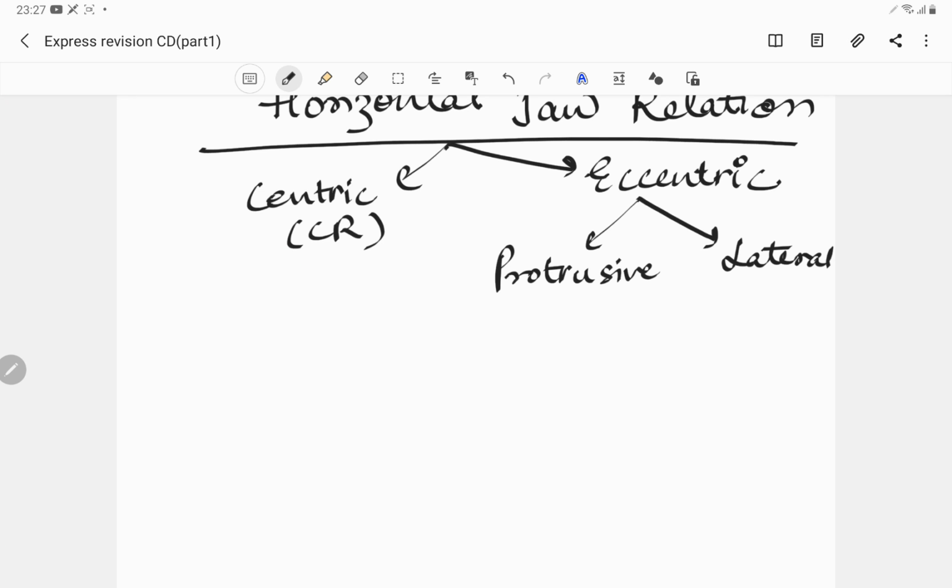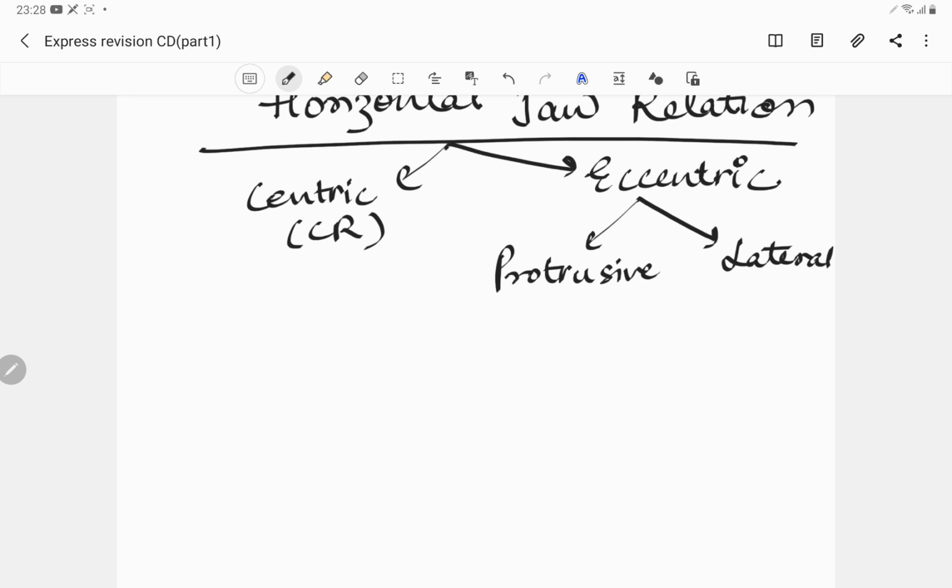So centric relation, what is centric relation? We have been studying this from long back, from third year, final year. This is the most asked definition from the exam point of view, and we all know it is a must definition: it is a maxillomandibular relationship in which the condyles articulate with the thinnest avascular portion of their respective disc.